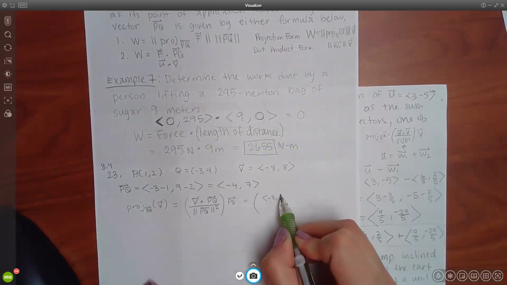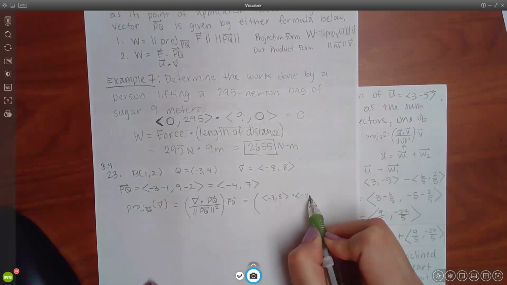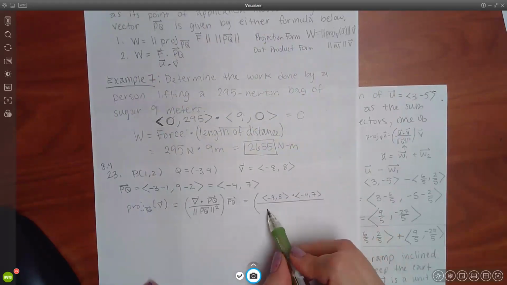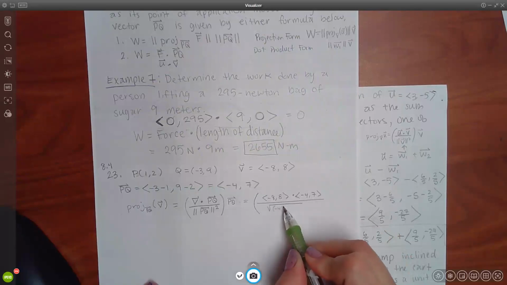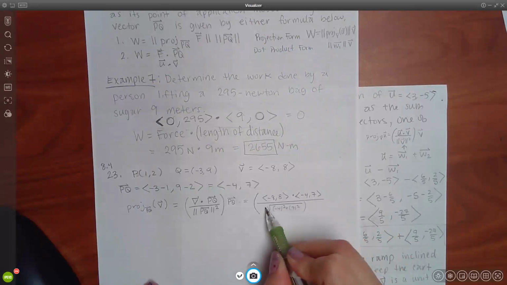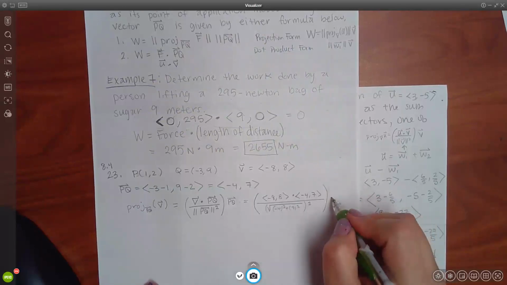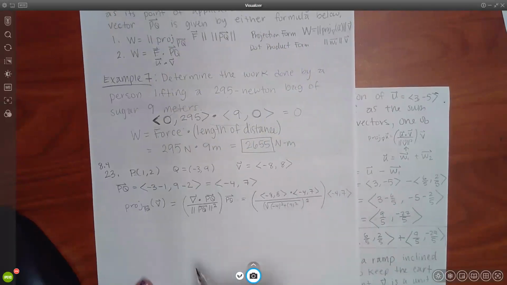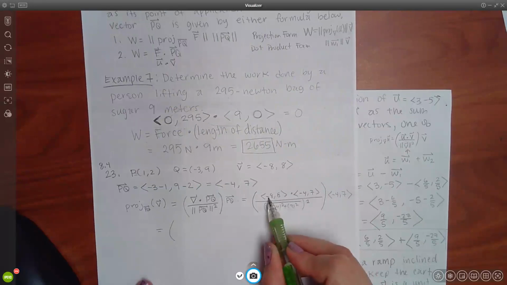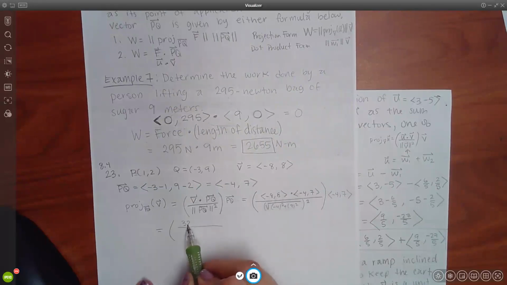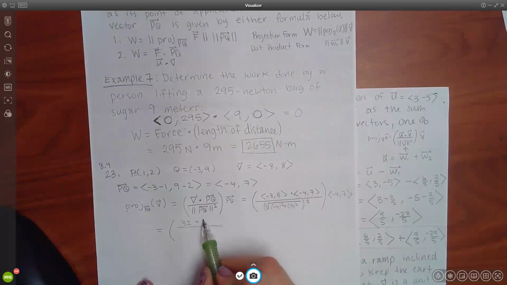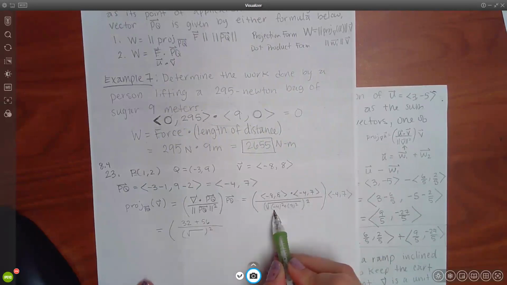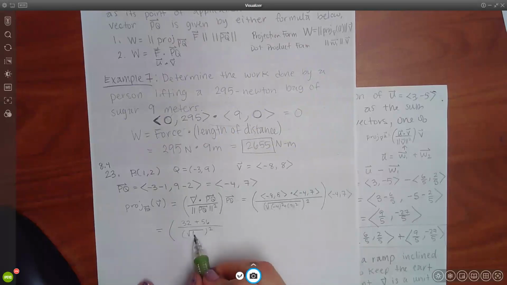We get -8 and 8 dot product with our -4, 7 over the magnitude, -4 squared plus 7 squared, and that whole thing squared. And then multiplied by that PQ vector again. So this times this is 32. This times this is 56. And then I get the square root of 16 plus 49. I get 65.